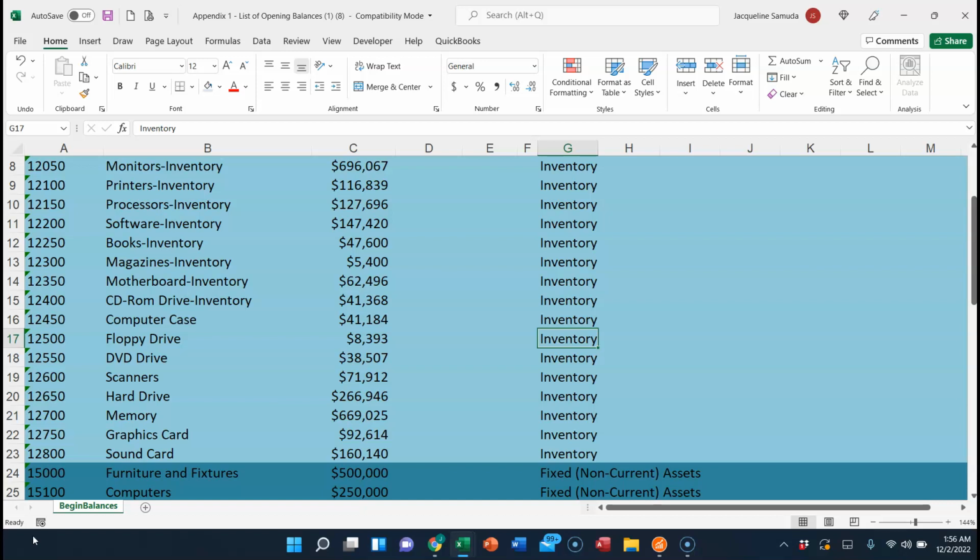So notice that the GL codes for all the inventory items start with the number 12. Now we have gone ahead from the first video and put in the opening balances for the different inventory groups. So when you were doing your journal entry, all of these figures that relate to inventory were recorded as debits in your opening journal entry.